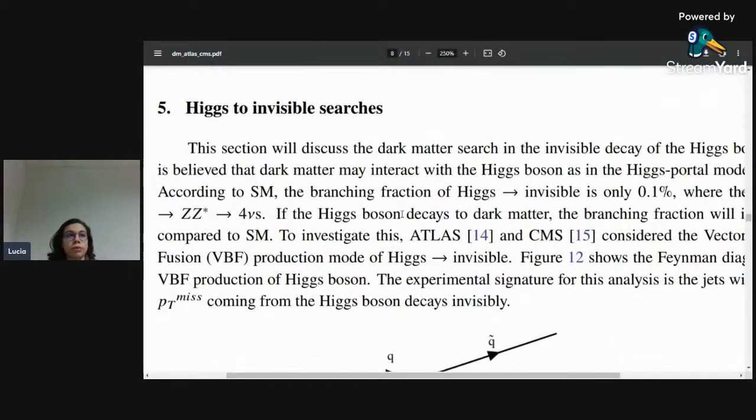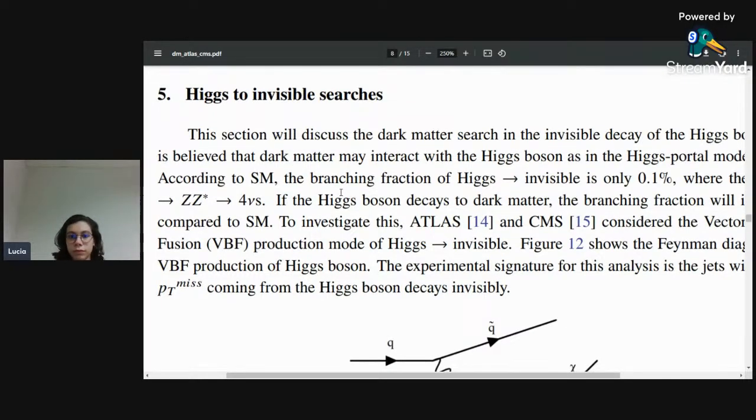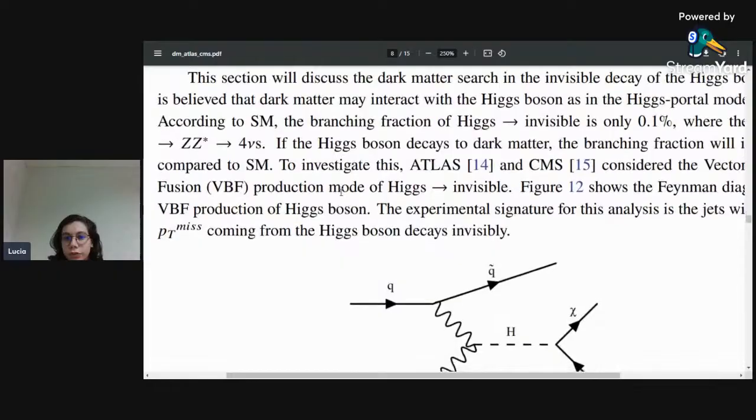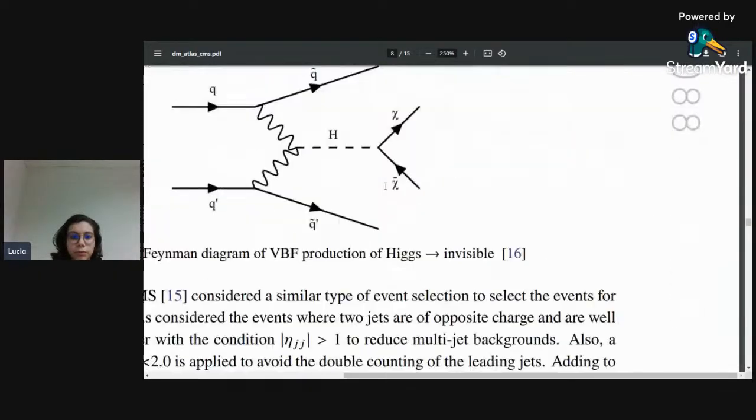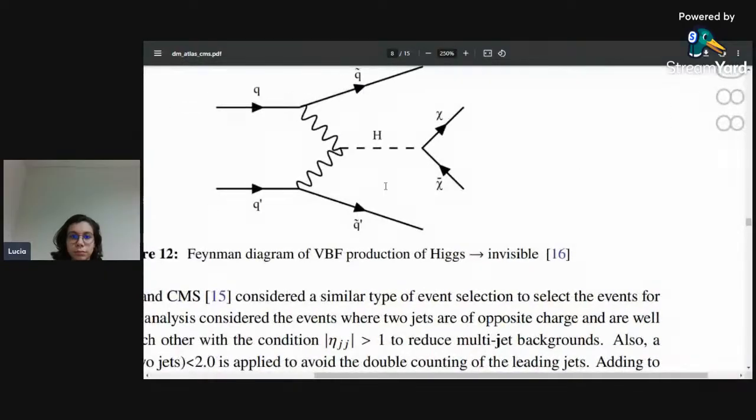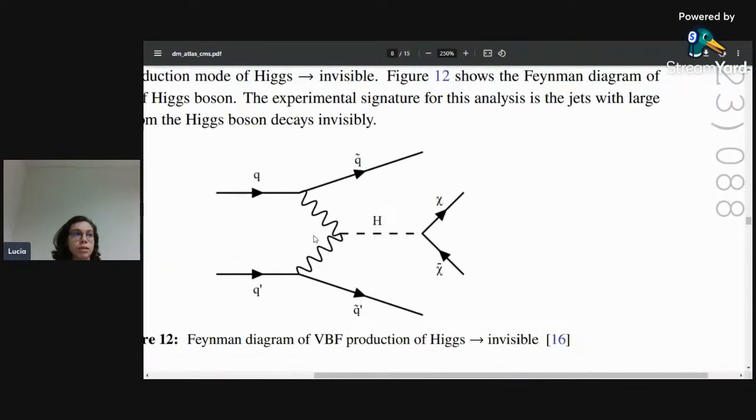So after these mono things, they consider Higgs to invisible searches. Same thing: they show first the process, which is figure 12. That is this one. Yes. Okay, so this considers vector boson fusion.